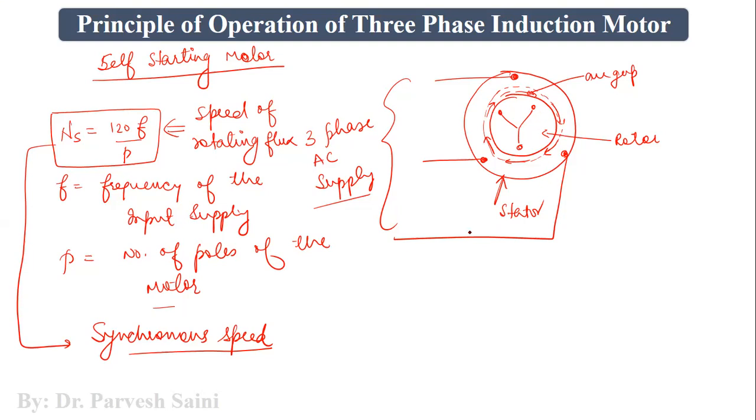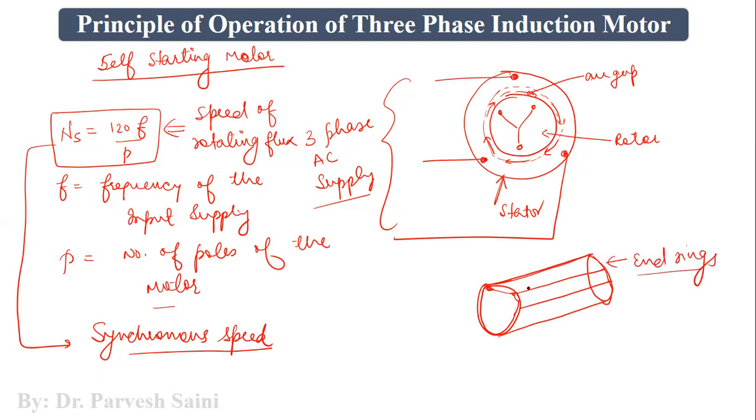Now, what happens, like we have a cage type rotor, for example. In a cage type rotor, we have the conductor bars placed on the rotor periphery, and these conductors are shorted to one another using the end rings. So end rings are used to short these conductors back to back.